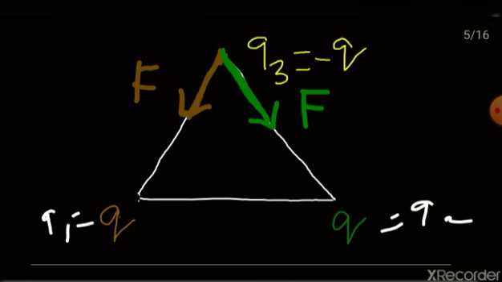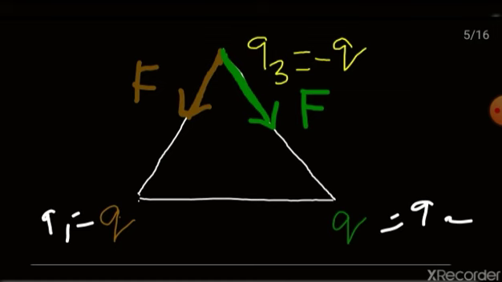This gray vector, which is the force due to Q1 on Q3, will be towards Q1, because Q1 will try to pull Q3 towards it. Similarly, Q2 will also try to pull Q3 towards it, and this green vector will be towards Q2.